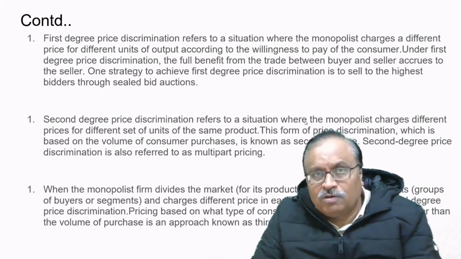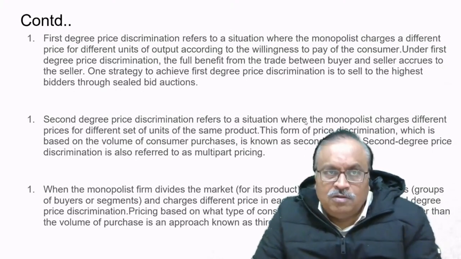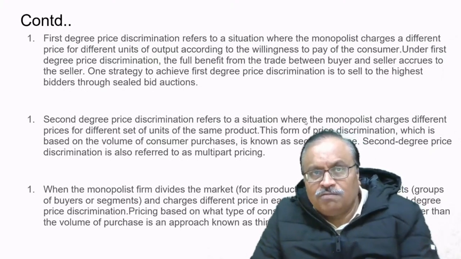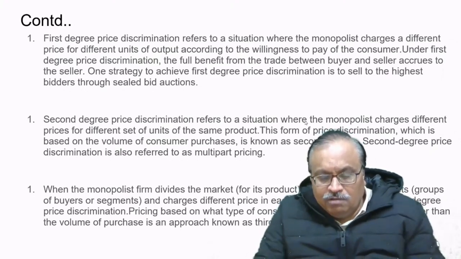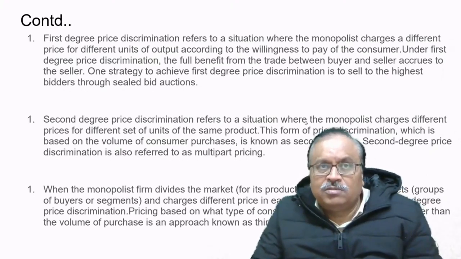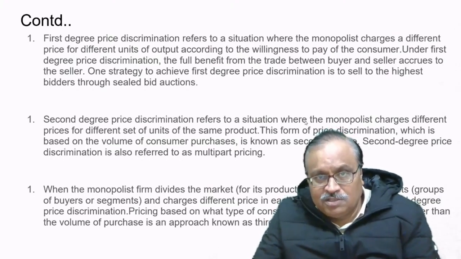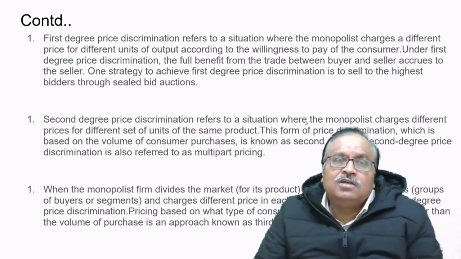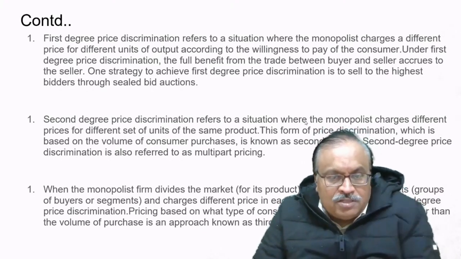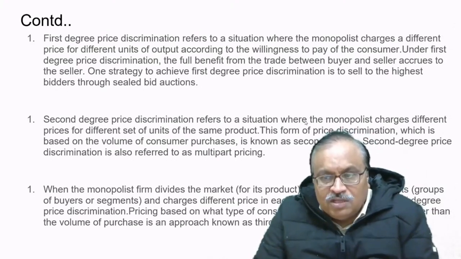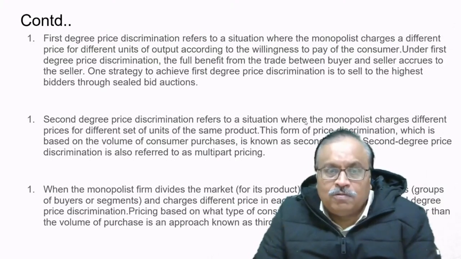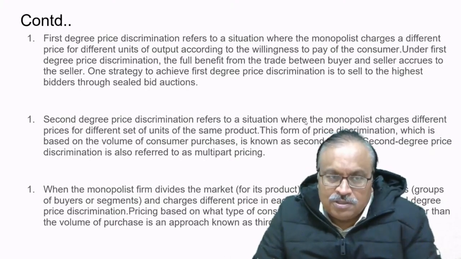But for a working professional or a businessman, the charges will be more. For the same product, we divided our customers into different segments, and based on the type of customer segment, we charge the price. Pricing based on what type of consumer is doing the purchasing, rather than the volume of purchase, is an approach known as third degree price discrimination.